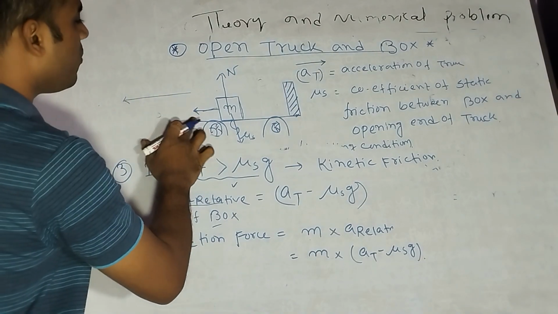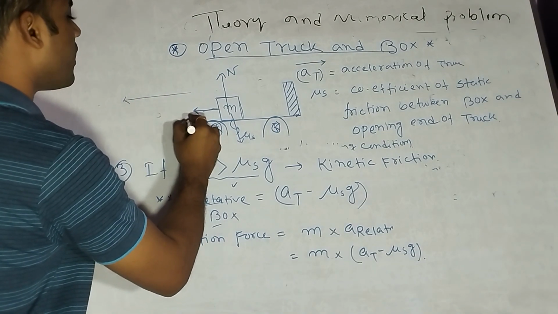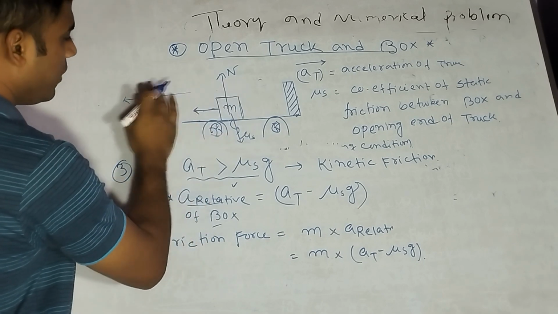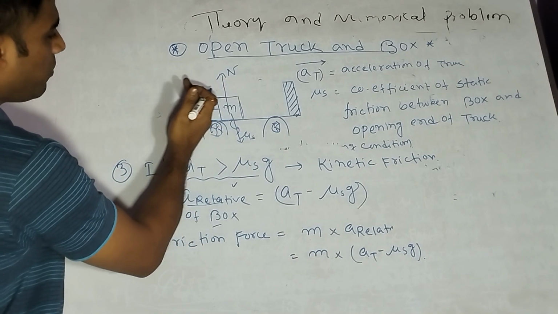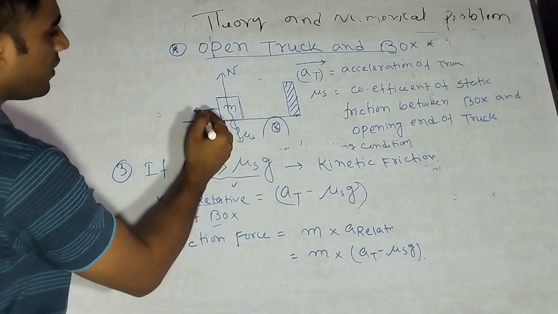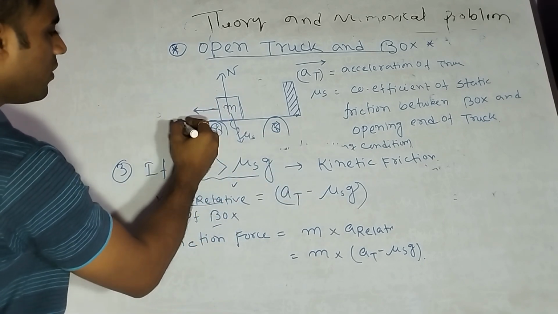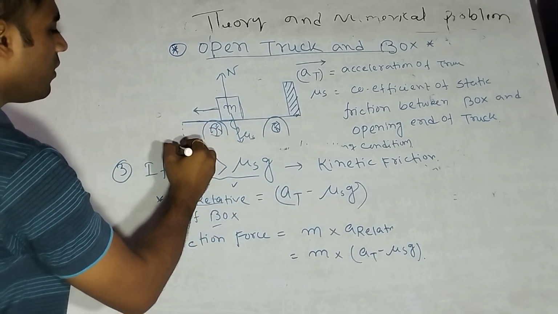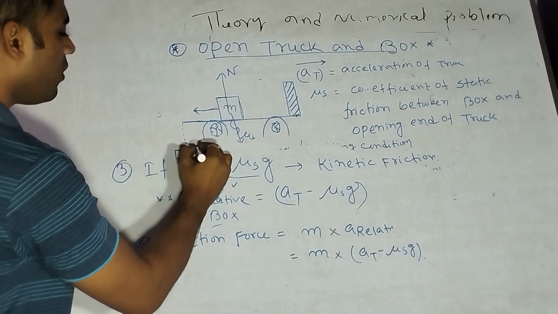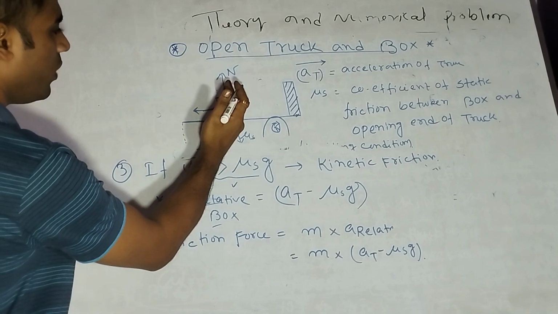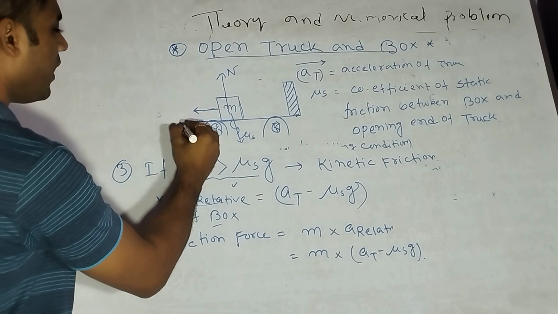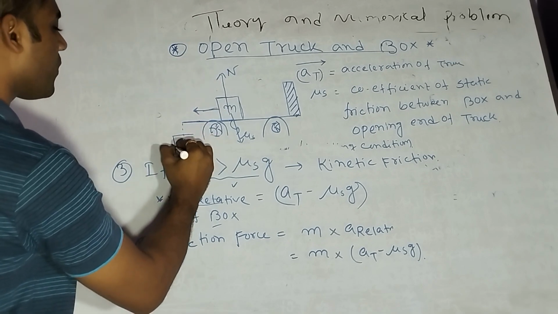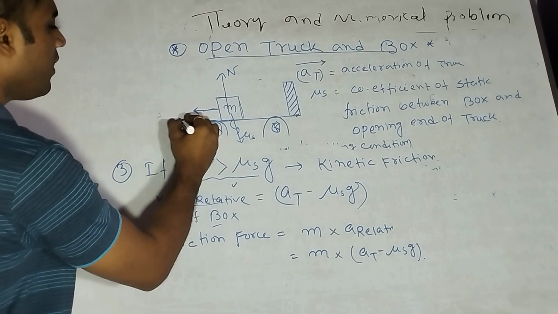If this is the opening end of the truck, and the box is moving backwardly in this case of kinetic friction, then at a time the box will fall on the ground from the truck.